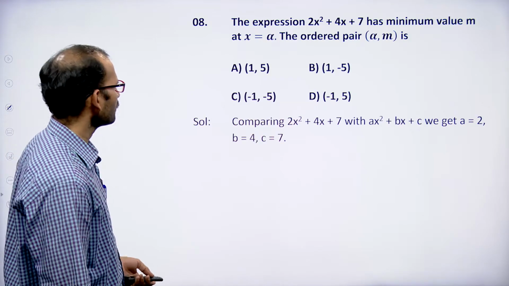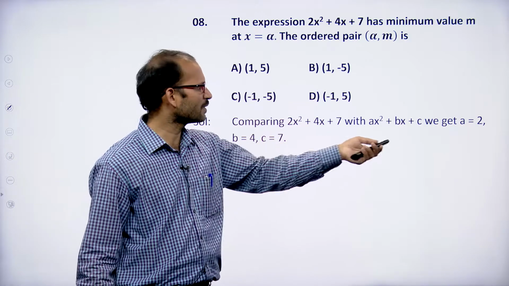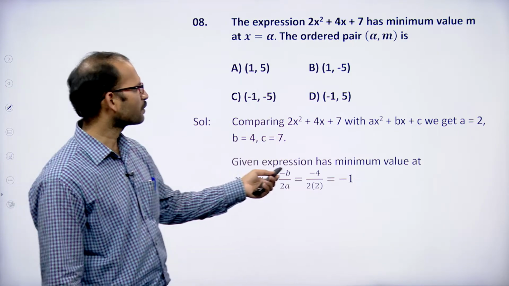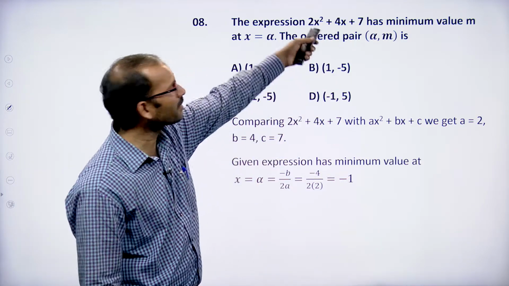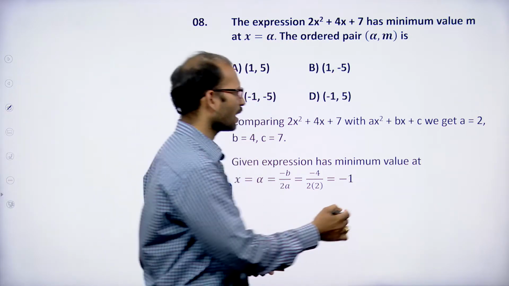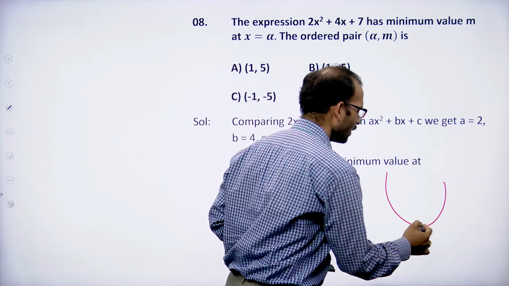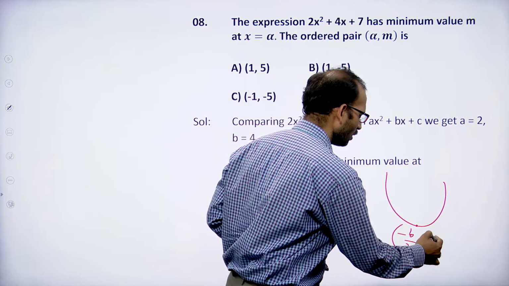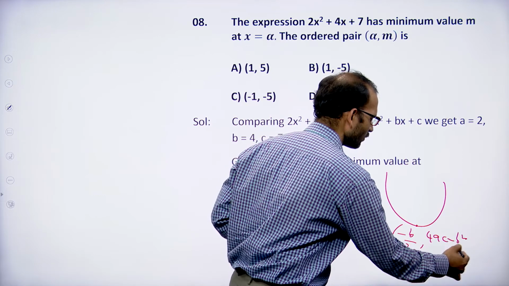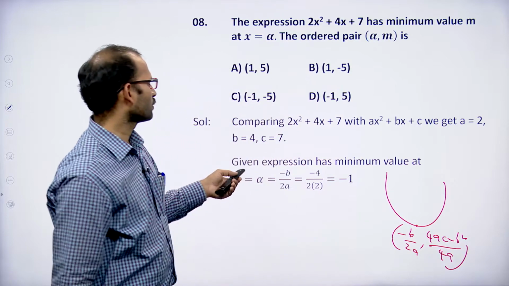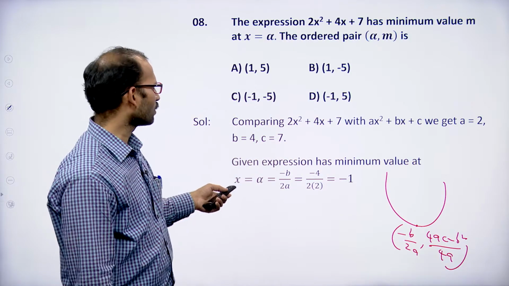Now comparing 2x square plus 4x plus 7 with ax square plus bx plus c, we get the a, b, c values. The given expression has a minimum value, because the coefficient of x square is positive, so the graph opens upwards, and we will have a minimum value only. The graph of this function will be like this, the minimum point is minus b by 2a comma (4ac minus b square) by 4a. So the minimum value is (4ac minus b square) by 4a, and it occurs at x equal to minus b by 2a.